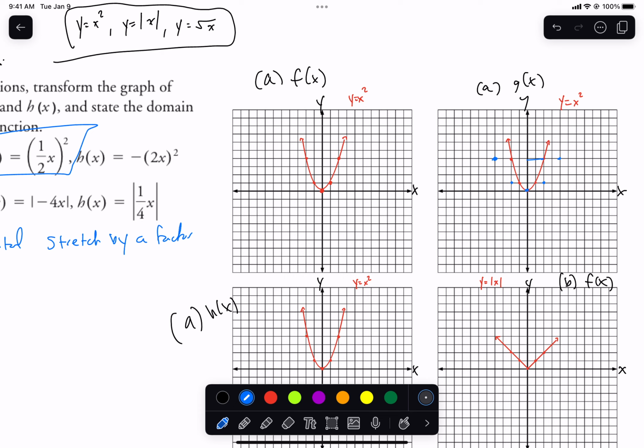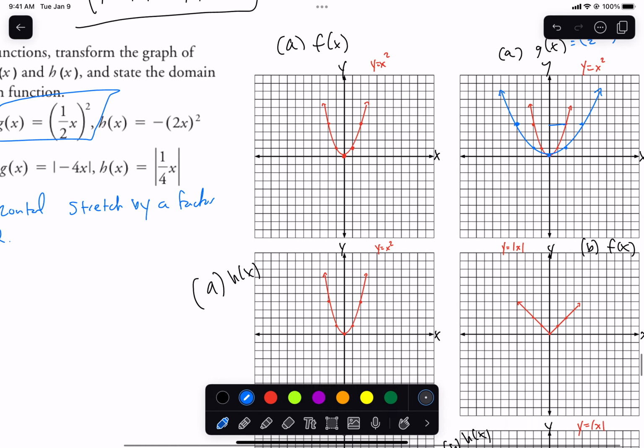Essentially what you can see is we've taken our base graph and we have made it wider by horizontally stretching it. So there is your g of x function, which would be equal to 1/2 x squared.